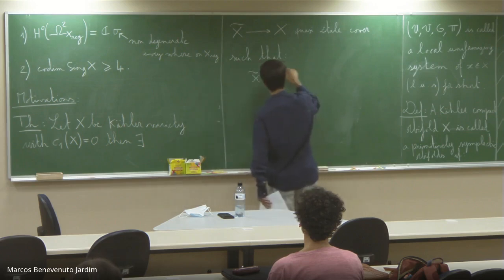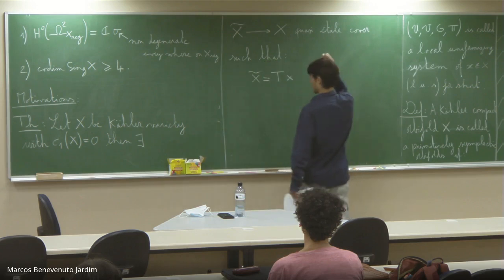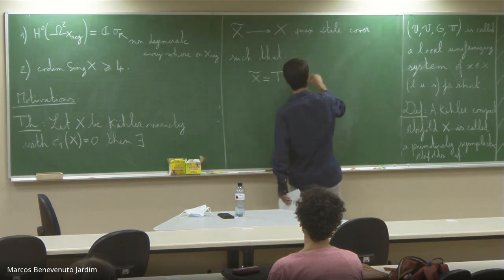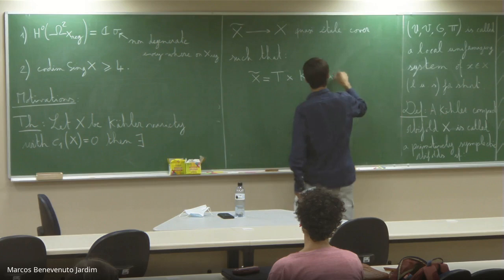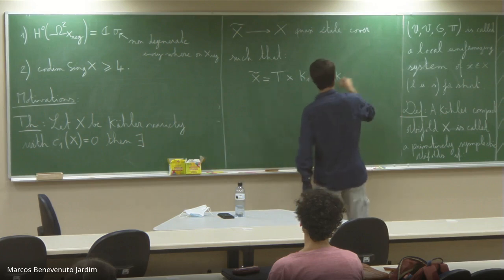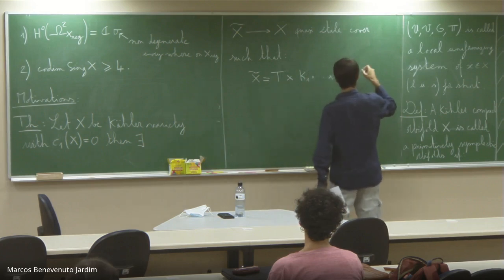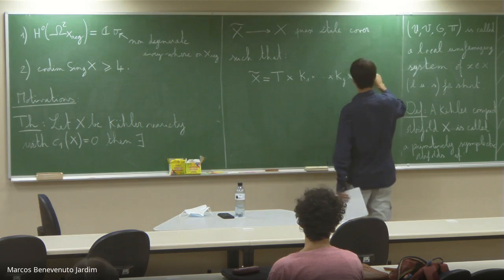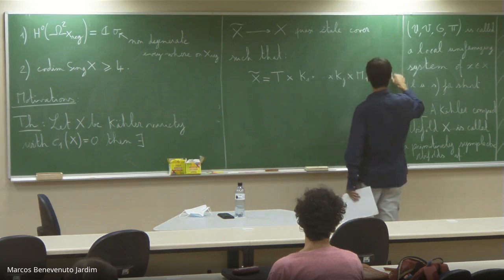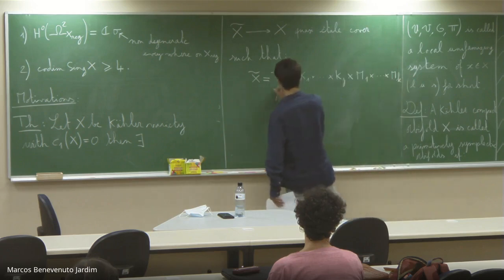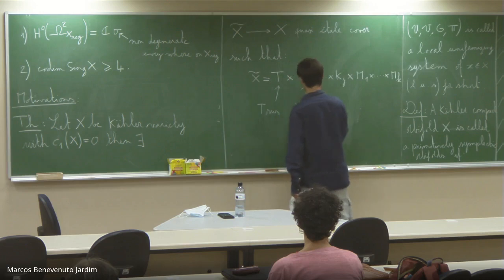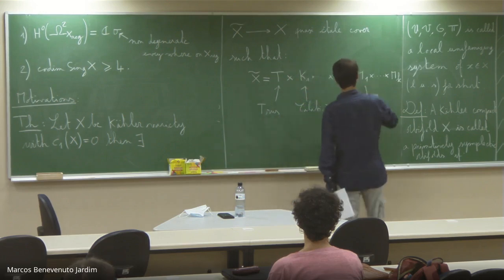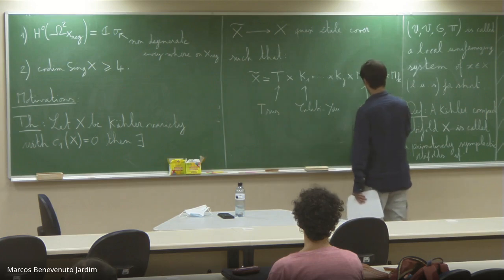It will be a torus times some Calabi-Yau orbifolds, Calabi-Yau varieties, and some hyperkähler, irreducible symplectic varieties. So this is Calabi-Yau, and this is irreducible symplectic.